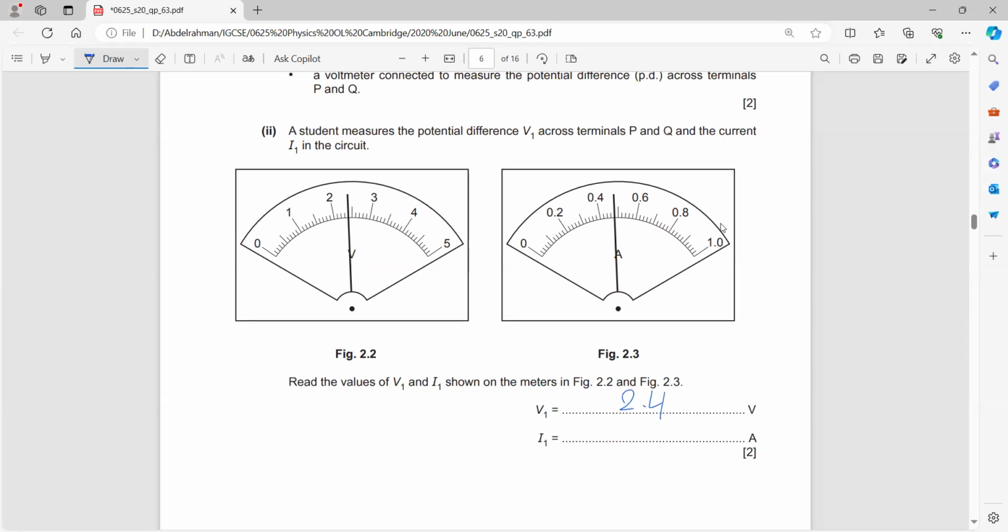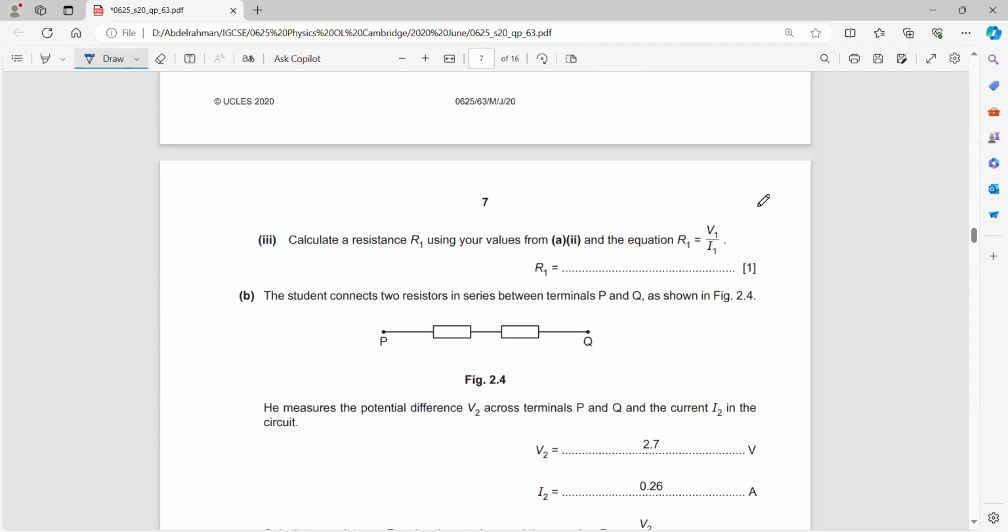I1 is what, guys? Tell me. 0.48. Of course, 0.48. Nice. And then of course he will ask me to find the resistance R equals V over I.